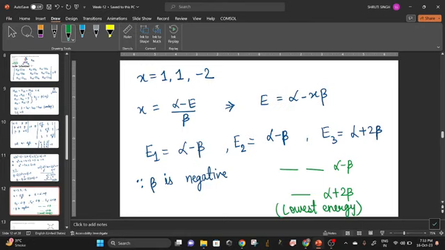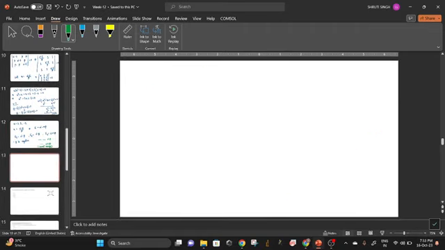So for this, now when we write this molecule, the pi orbitals, so this is 1, 2, 3.